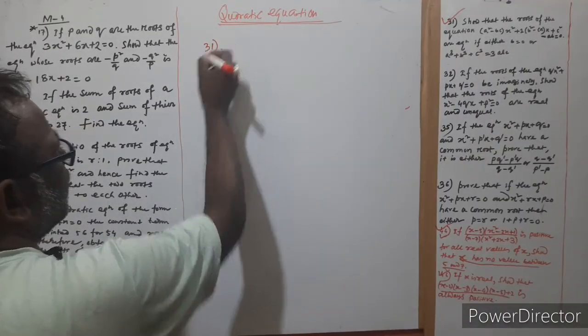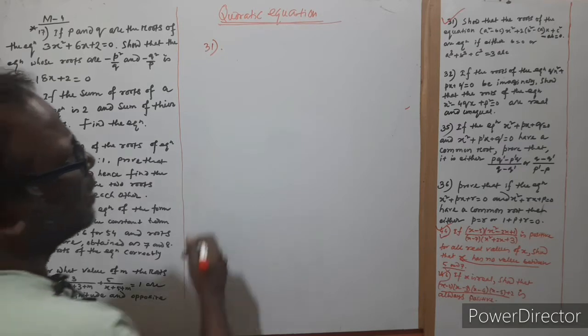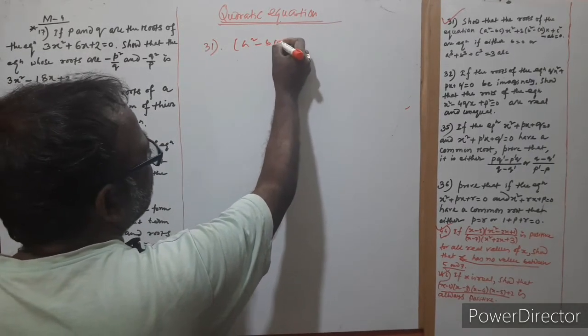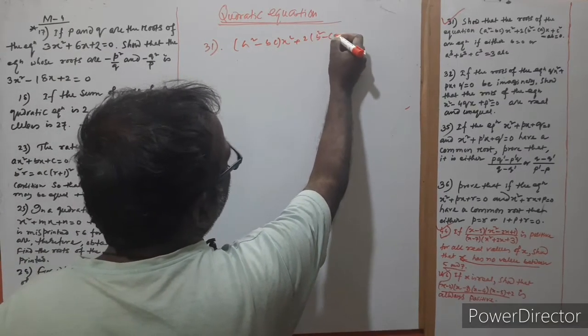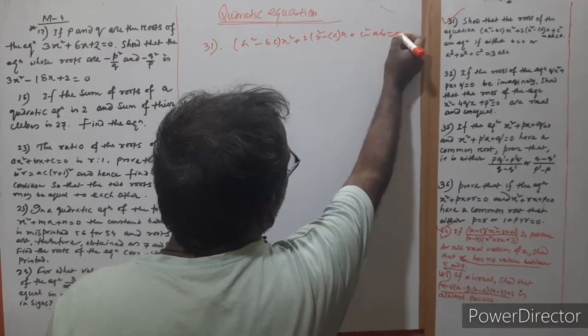See, so the roots of this equation are equal if either b equal to 0 or this. So first we write here the equation: bc x square, and 2 into b square minus ca into x, and c square minus ab equal to 0.